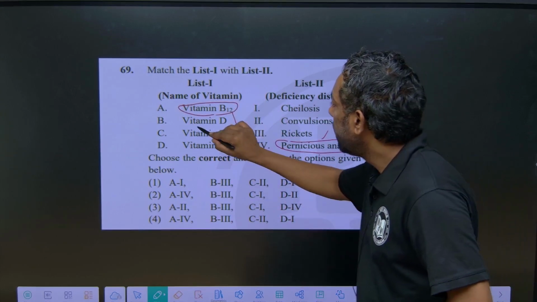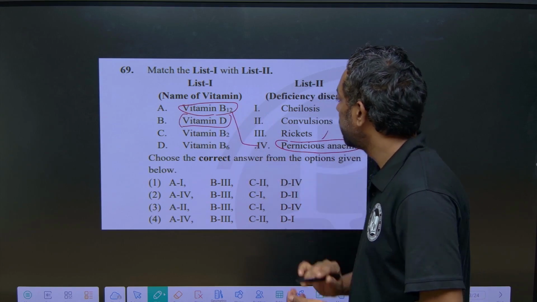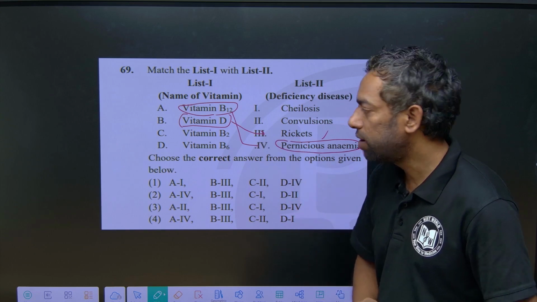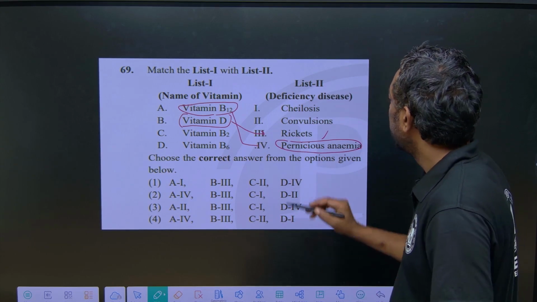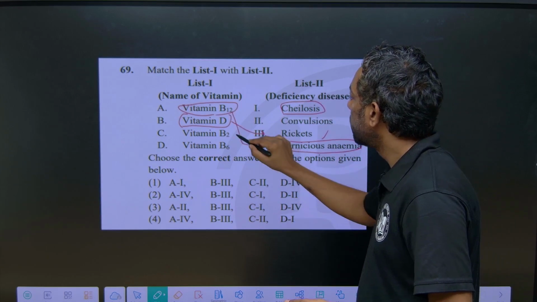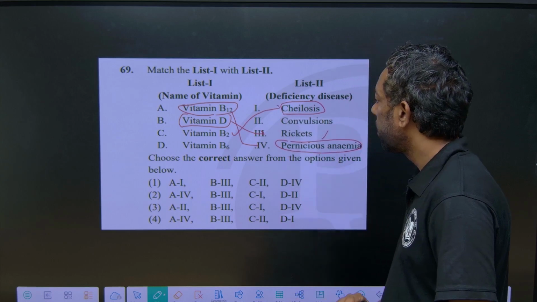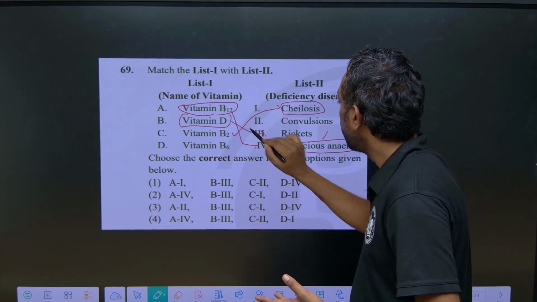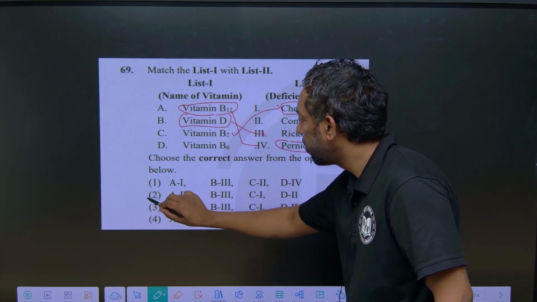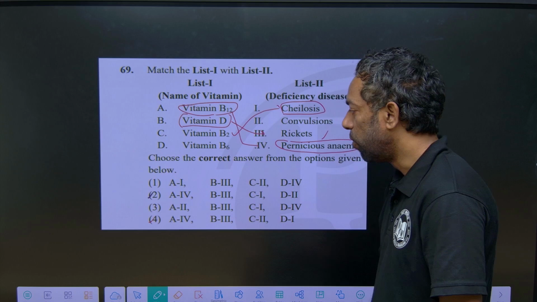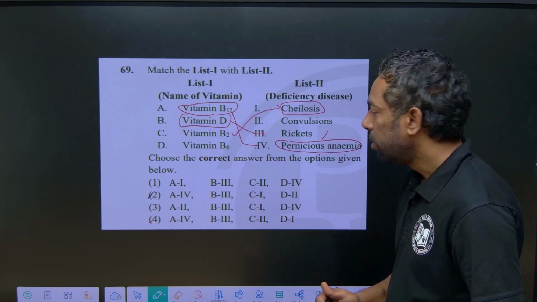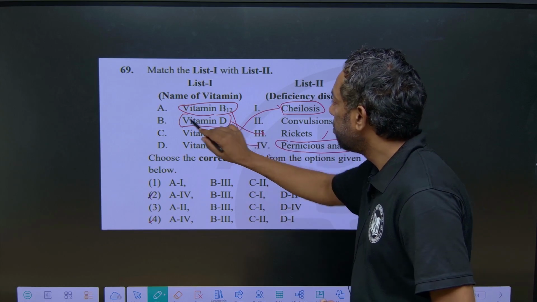And vitamin D is about the skeletal system, bones, nothing but rickets, the deficiency disease of vitamin D. Cheilosis is the disease caused by B2. If we come to this, vitamin B12 is 4, so A is 4, which appears in the second and fourth options. Second, vitamin D is rickets, so B is 3.